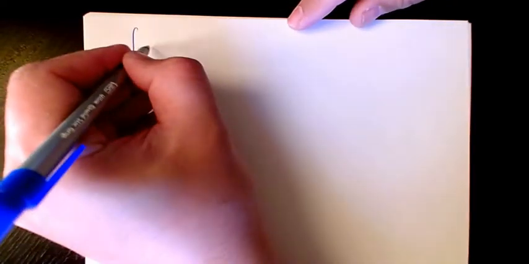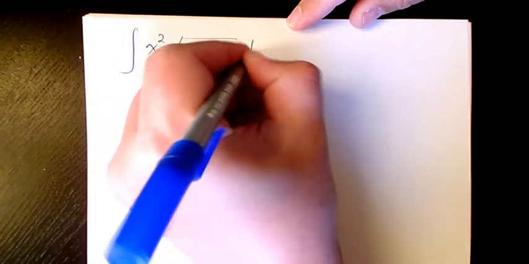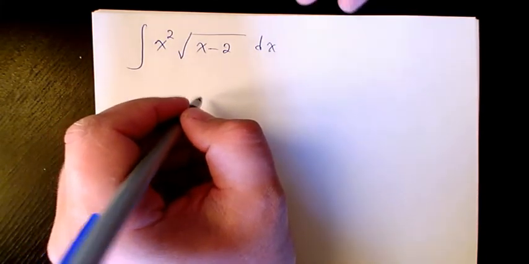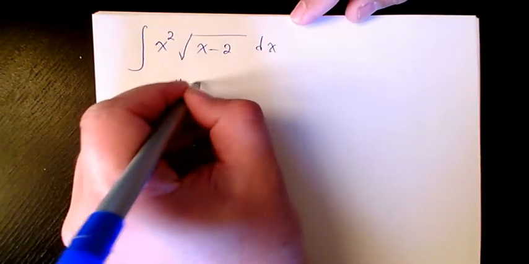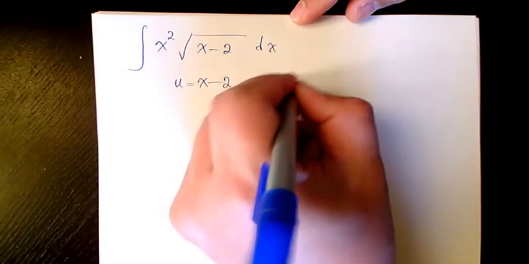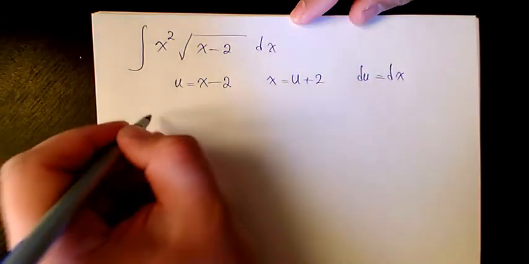Next example is the integral of x squared times square root of x minus 2 dx. We're going to have u equals x minus 2. So x is going to be u plus 2, and du is going to be equal to dx.